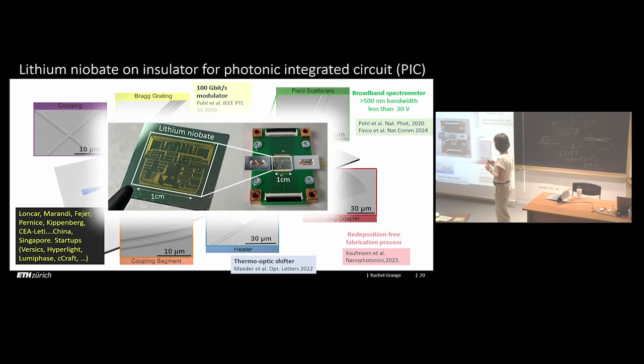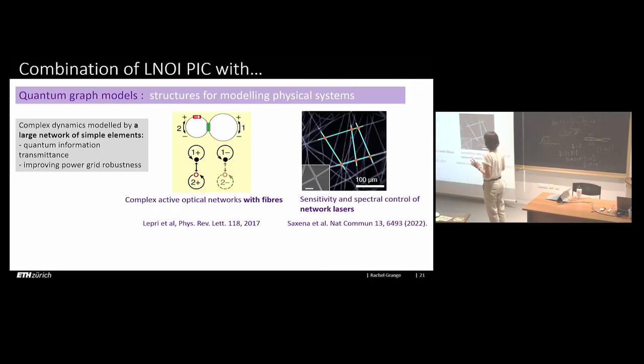But now I want to come back to an early experiment that we were doing with those waveguides. Can we use lithium niobate on insulator, so those photonic integrated circuits, with quantum graph models? There we start to see some disorder. And why quantum graphs? They are structures for modeling physical systems. Complex dynamics are modeled by a large network of very simple elements.